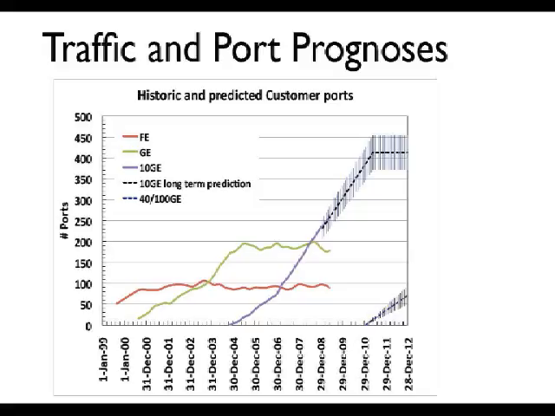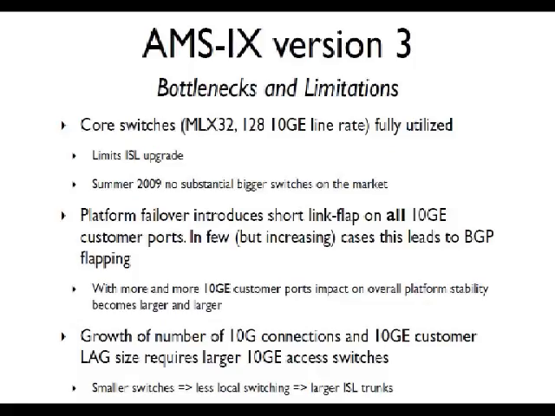And we figured out that in the summer of 2009, we would run out of our current platform, and there was absolutely no sign that there would be a bigger switch available. All the vendors said, no, we won't have a bigger switch for you. Some vendors have a marginally bigger switch, but not something that could help us. So we had to rethink.